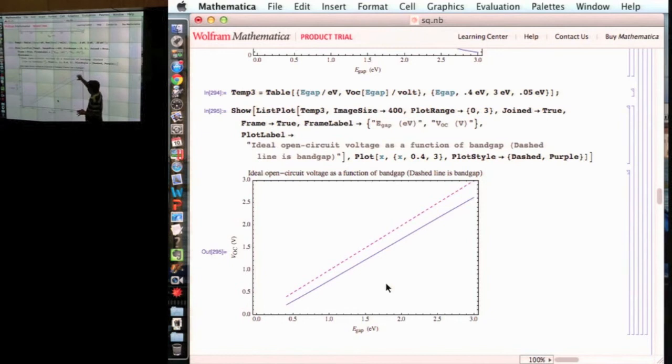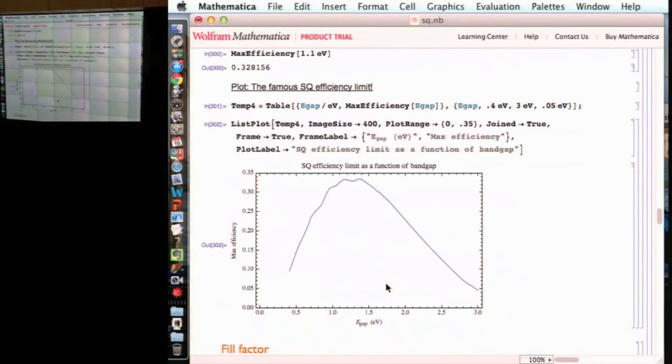But if I'm at a finite temperature, I'll have some recombination, and that's why this VOC is falling as a function of the band gap. So this is again that efficiency. It's a product of my voltage and current, and you can see a maximum of around 33% here.